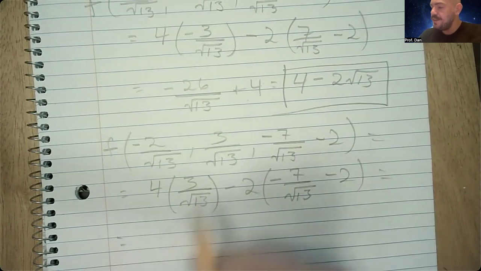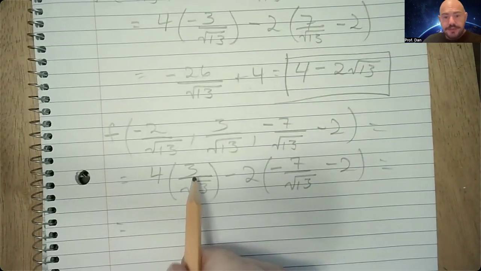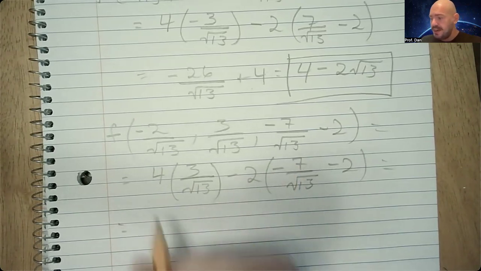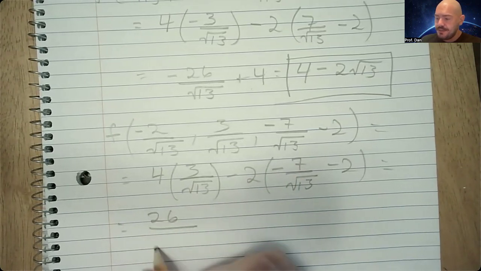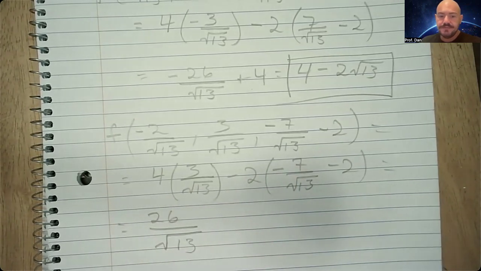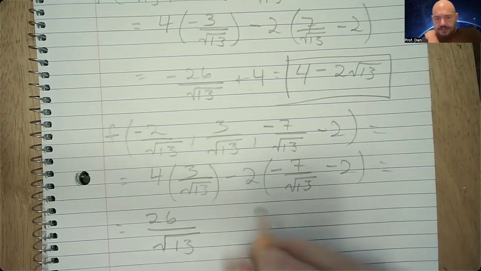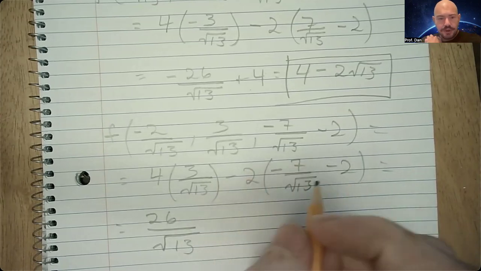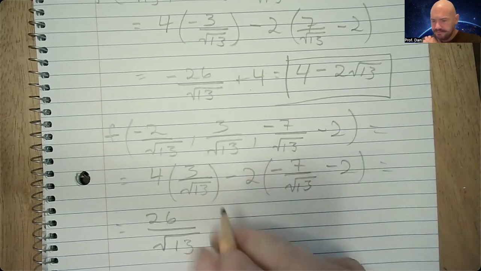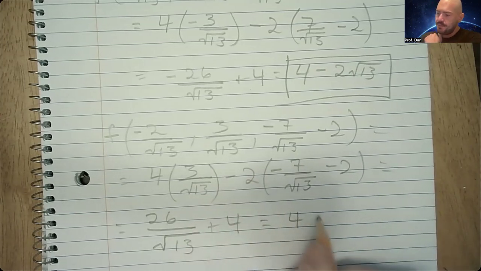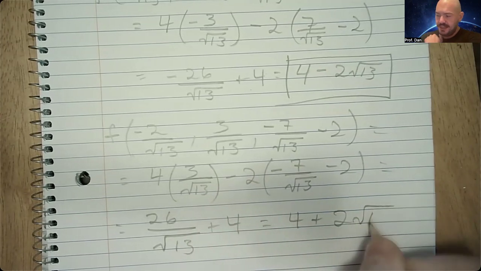If I do a little simplifying, 4 times 3, I get 12, plus 14, I get positive 26 over the square root of 13. Then that's going to end up being a plus 4. So I end up getting 4 plus 2 square root 13.